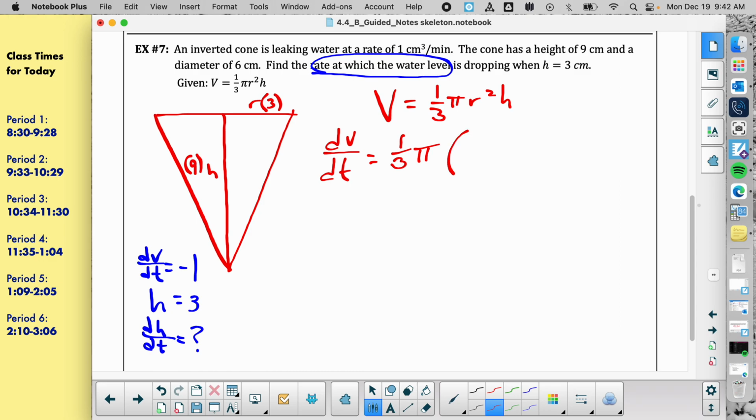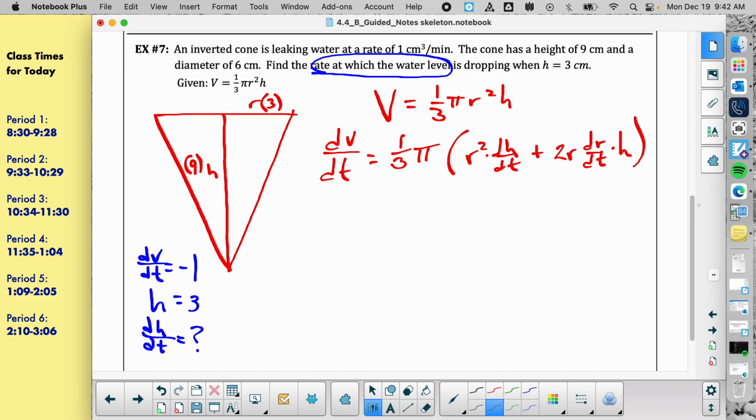So if I take the derivative right away, this is where you should find out that things don't work as nicely as you need them to. So I do the product rule on r squared h. And when I look at that, I realize there are a ton of variables I have to fill in and I don't have the information for.